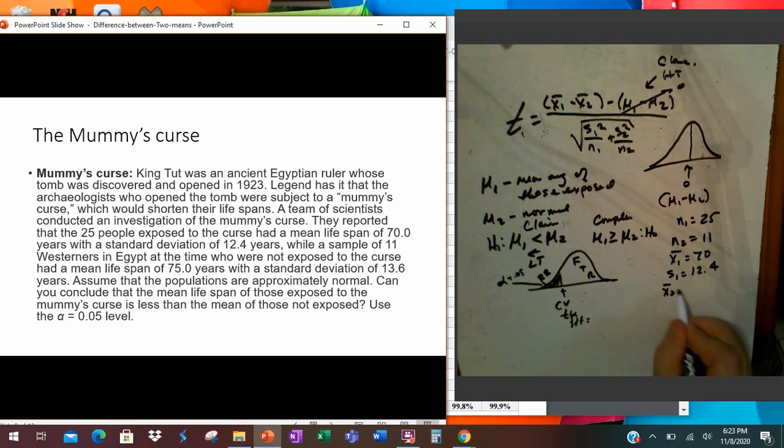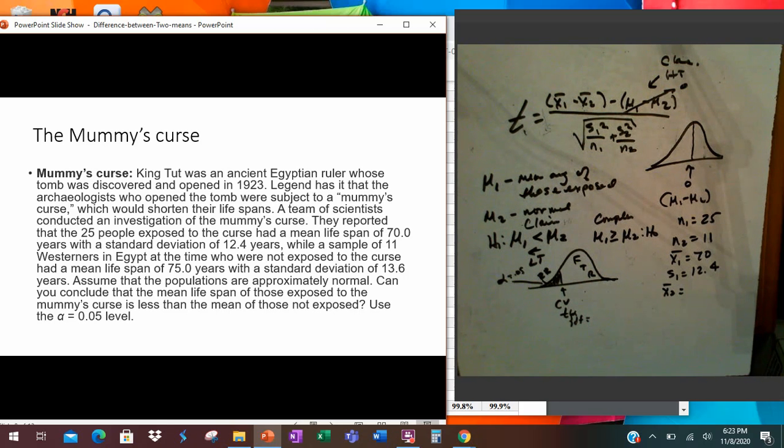My X2 bar was 75, and S2 was 13.6. So this was the smaller, so this was 0.05, the full alpha because it's one tail, and then our degrees of freedom would be 10.